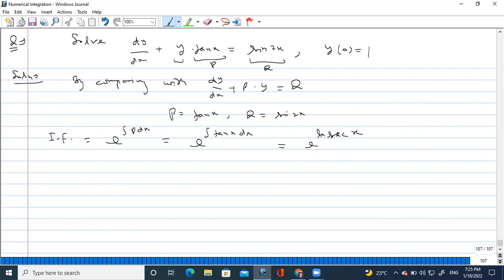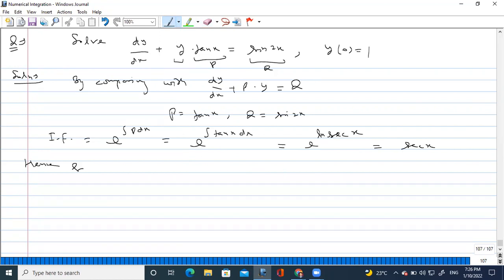Premraj is absent. Okay. So who told this answer? No problem if you don't tell. So it is sec x. Okay. So this is the integrating factor.